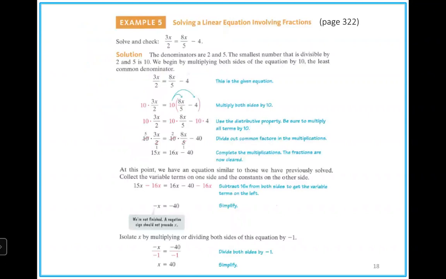Okay, so the next section, which is on page 322, we are looking at equations involving fractions.